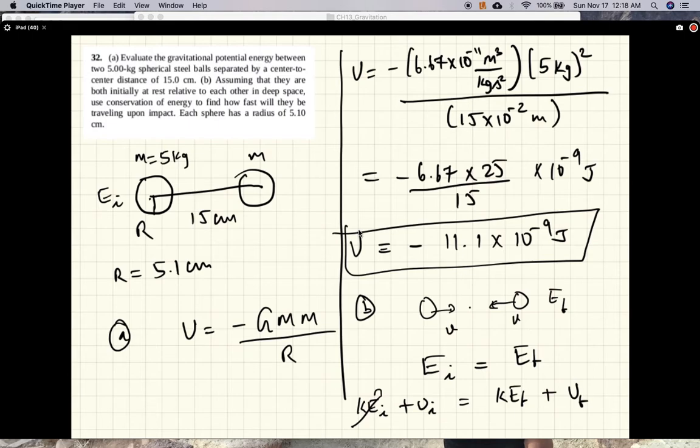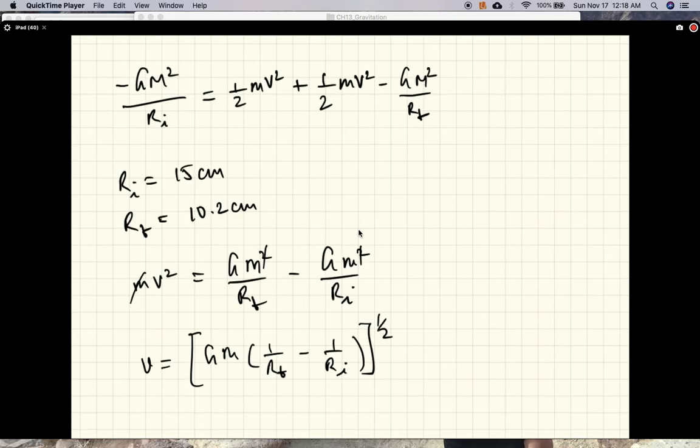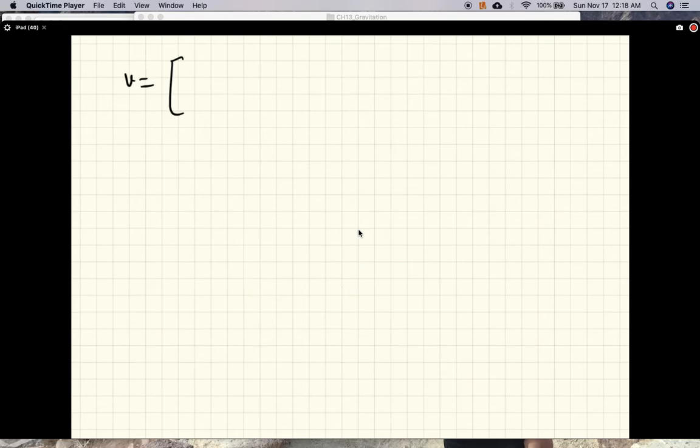What did they ask us? Find how fast they'll be traveling upon impact. Yeah, so that's how fast each one of them will travel at impact. So now we are ready to put in numbers. Okay. So v will be G m into 1 over r final minus 1 over r initial to the power half.